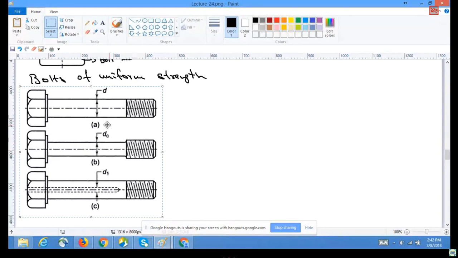So this is your shank diameter. And the core of this threaded region is smaller.